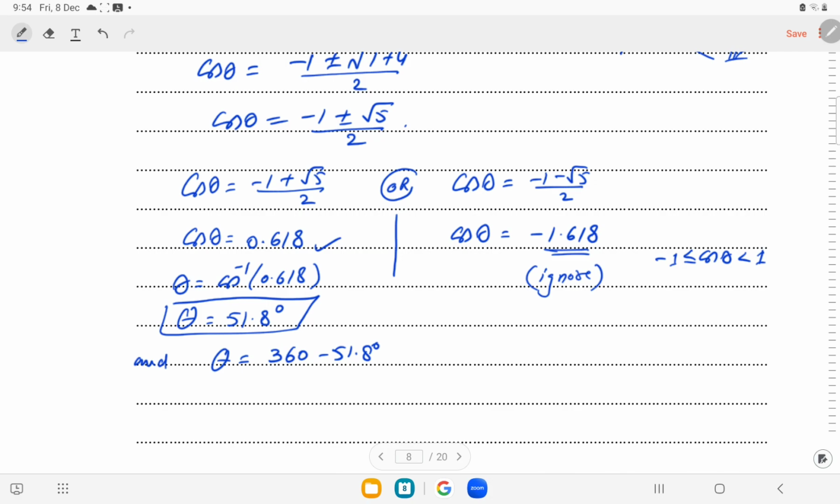I will get the other solution 308.2 degree. That is the complete answer for how many marks? 6 marks. I hope you got it.